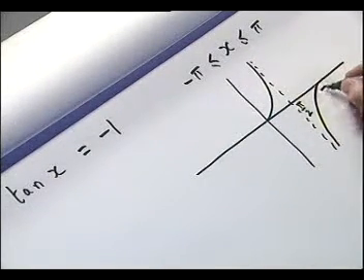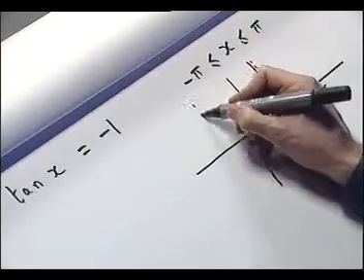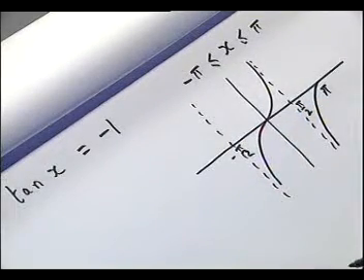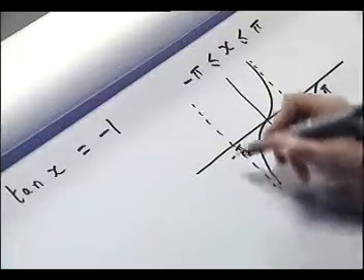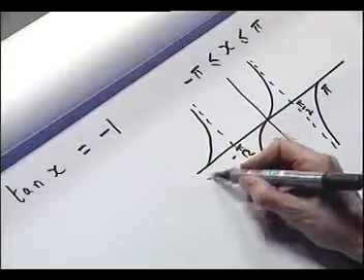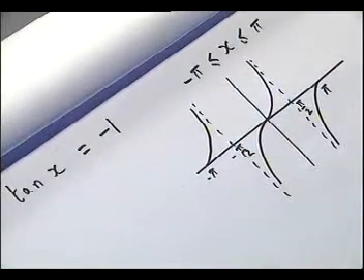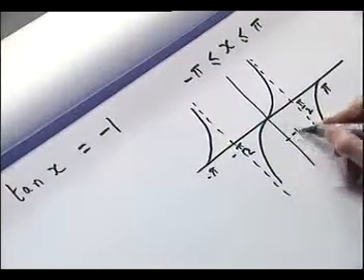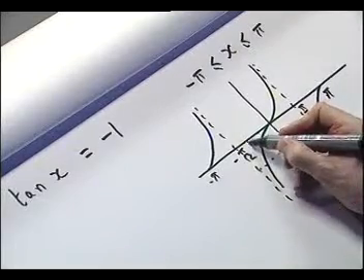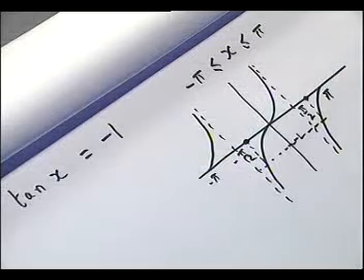And up to there, which is pi. Minus pi by 2. And there, minus pi. Tan of x is minus 1. So somewhere across here, it's going to meet the curve. And we can see that it meets it here and here, giving us these solutions at these points.